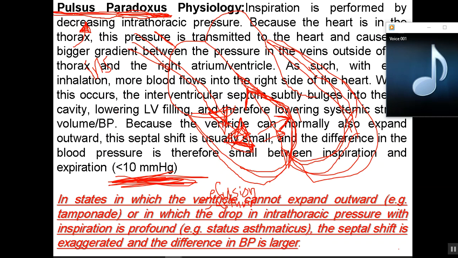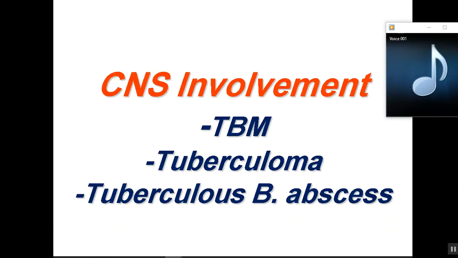So this manifestation can be seen in patients with effusion, and you will see raised pressure on the right side. Also there is increased flow from the vena cava, and if there is ascites, it will be localized right-sided heart failure.